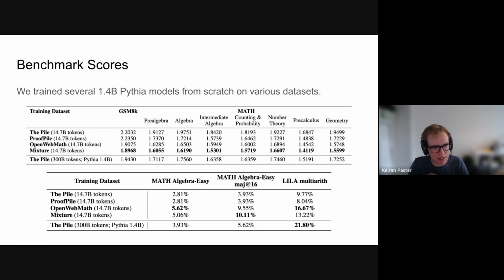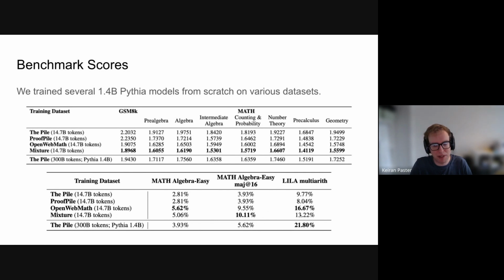And we also tried accuracy as well. So this is the easy algebra questions from this MATH benchmark. You can see that these models trained on the Pile or Proof Pile are not very good at solving these questions. But with the right type of prompting and decoding and the right data mixture, you can get like 10% on this data set, which I think is pretty impressive for such a small model.